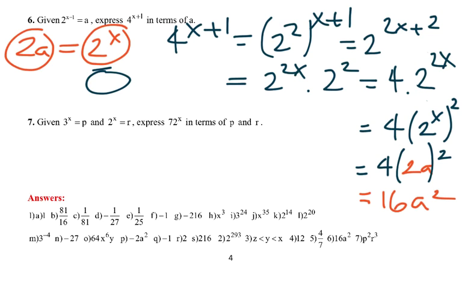In question 7 then, we know from question 4 that 72 is equal to 2 cubed times by 3 squared.